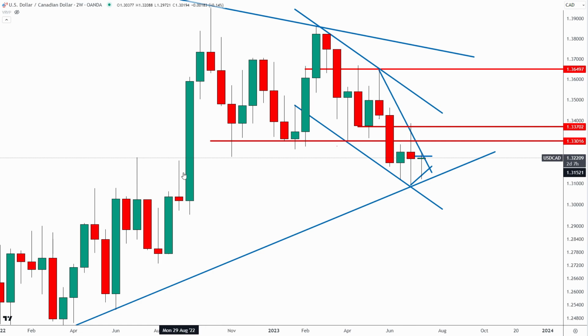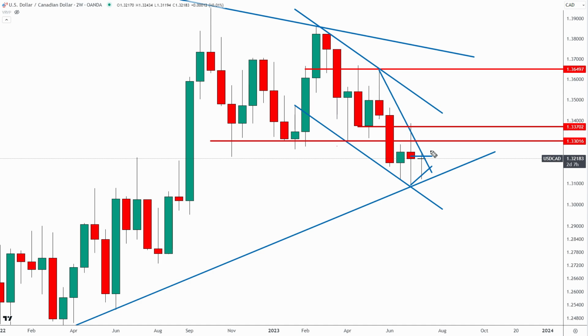This is going to be a critical area for this market to get back above, because you can see that on the 2-week time frame as well as the monthly, the market right now is trading below this area up here. So 1.33 is going to be a massive area that the dollar versus the Canadian dollar has to get back above in order to turn bullish.